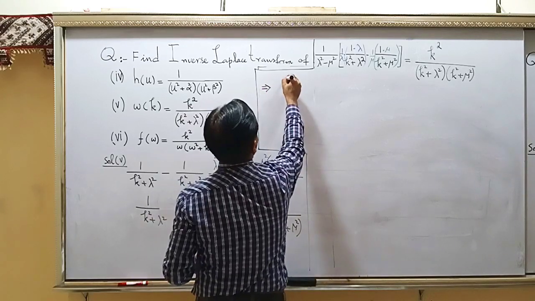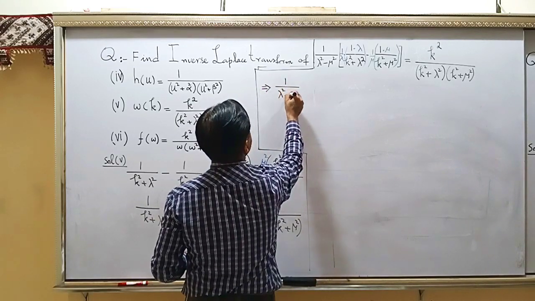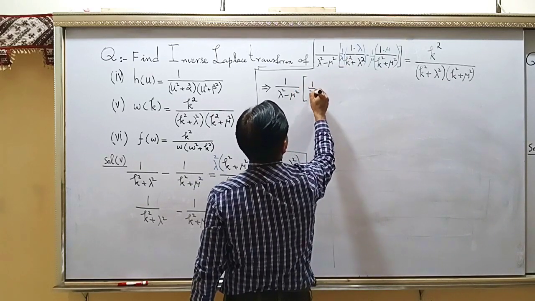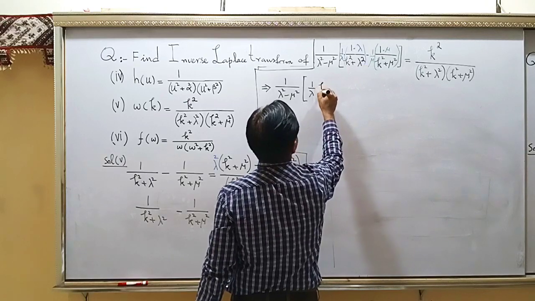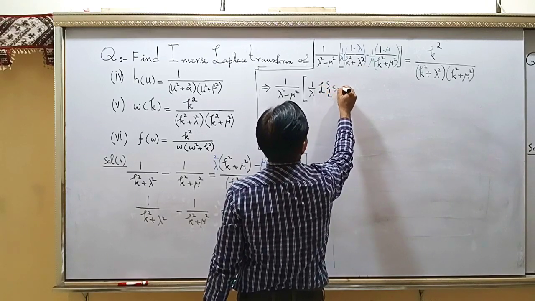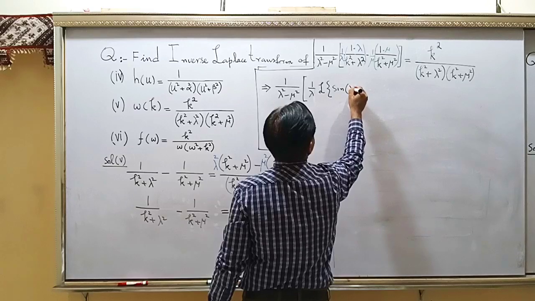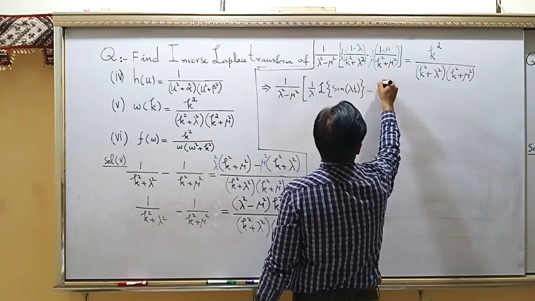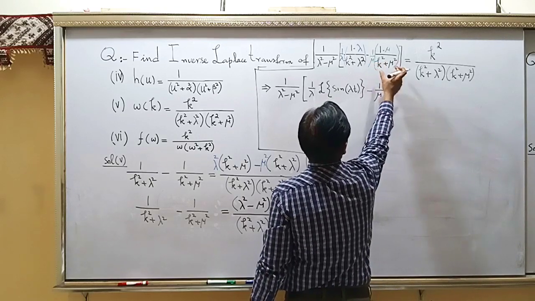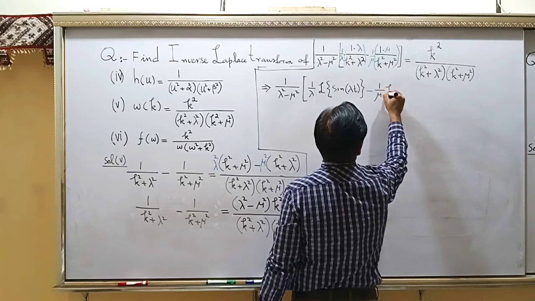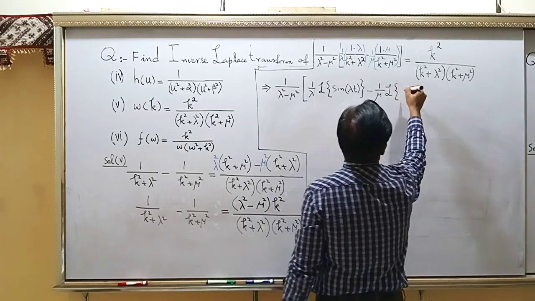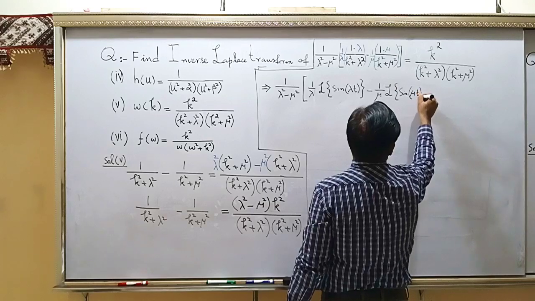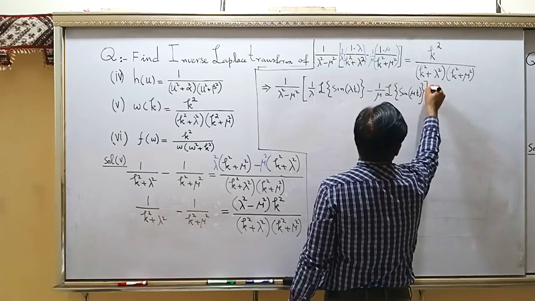You have 1 over lambda square minus mu square into 1 over lambda, and this one is the Laplace transform of sine of constant into variable, minus 1 over mu, this green, and within the green parenthesis you have the Laplace transform of sine, the constant is mu and variable is t, and bracket closed.